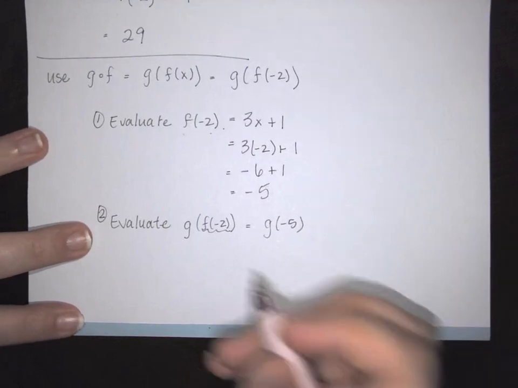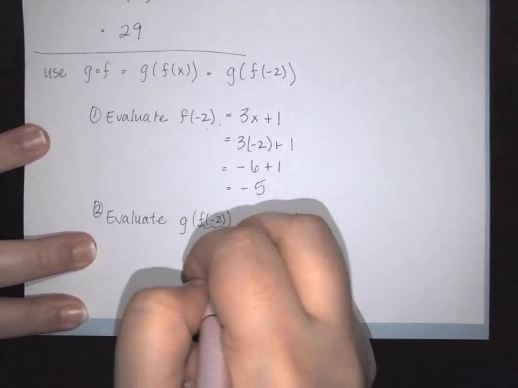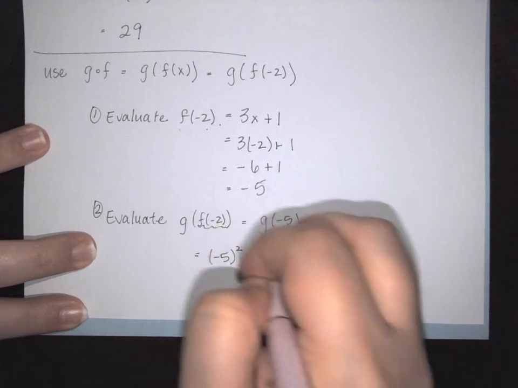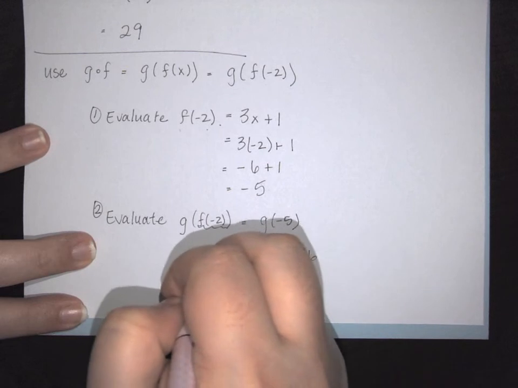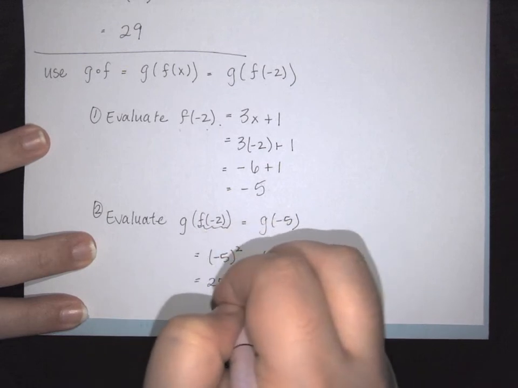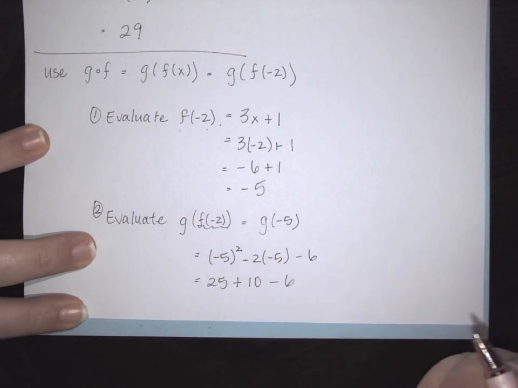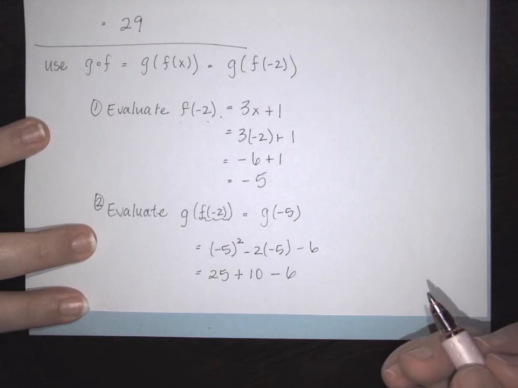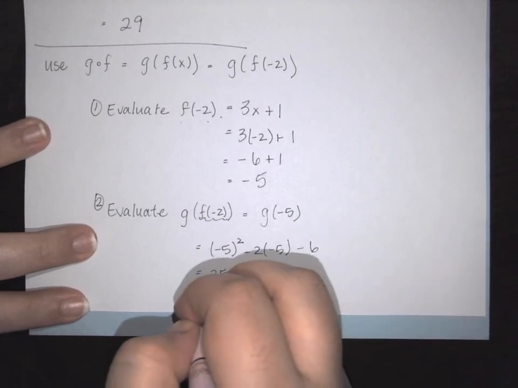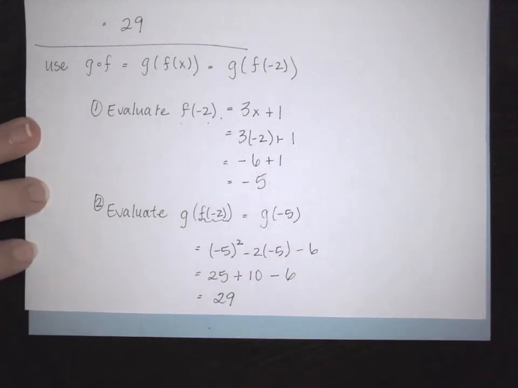So we take our g function and say negative 5 squared minus 2 times negative 5 minus 6. This gives you 25 plus 10 minus 6, and so here you end up with 29 as a result.